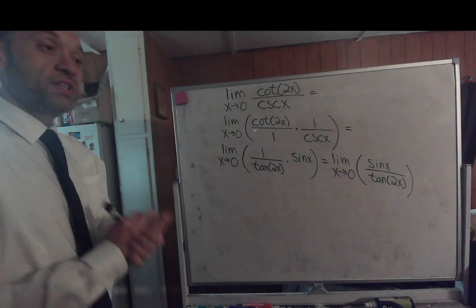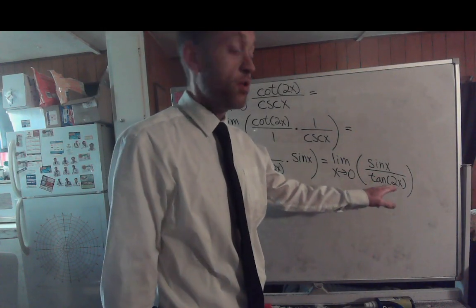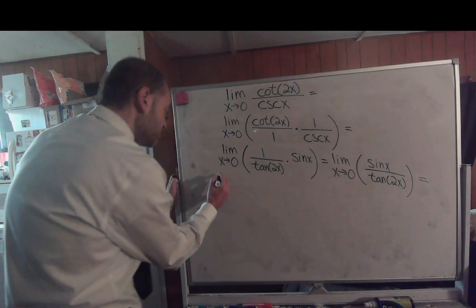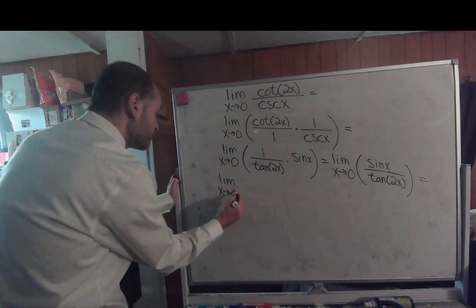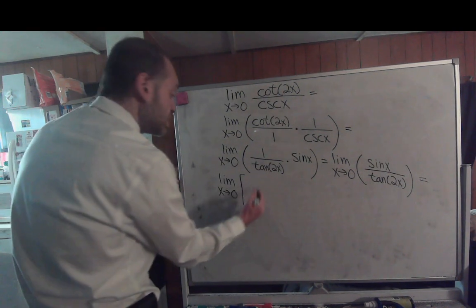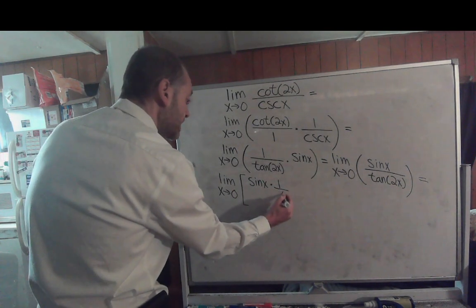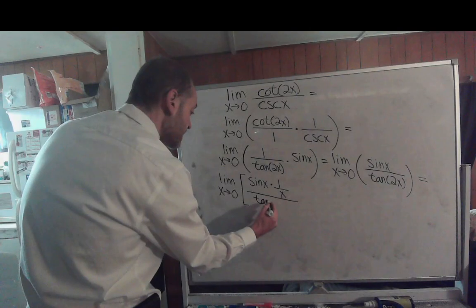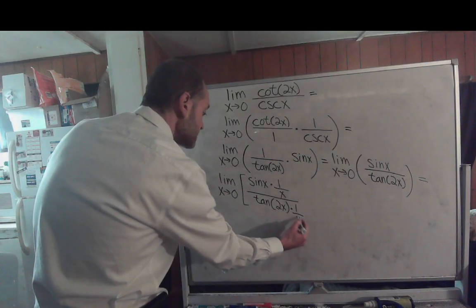in order to put this into a form we can work with, don't we need to have a divided by x in both the numerator and denominator? So here's what we're about to do. We are about to do this. So the limit as x approaches 0 of the sine of x times 1 over x all over the tangent of 2x times 1 over x.